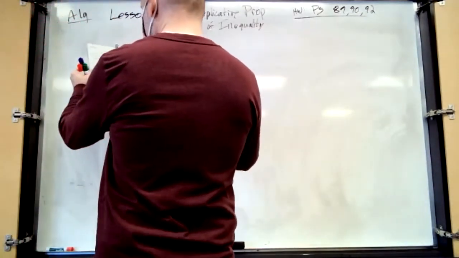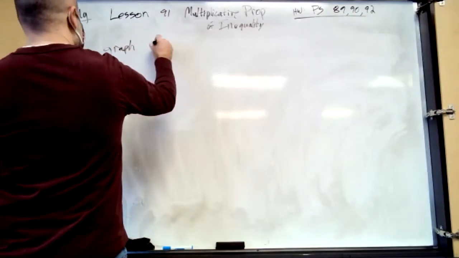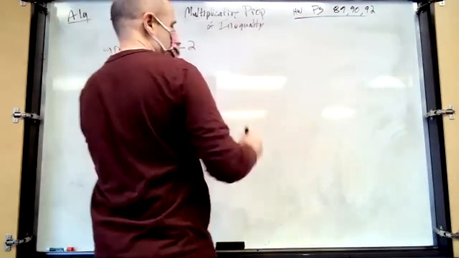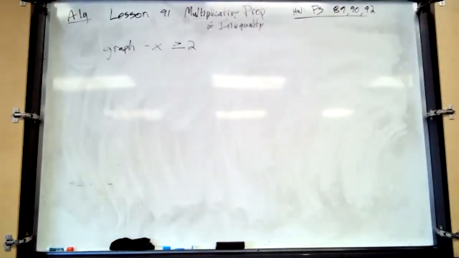Okay, so let's graph: negative x is greater than or equal to 2. Now think about this. If x is greater than or equal to 2, that means x could be like 3, 4, 5, 6, all that, right? But negative x is greater than or equal to 2. So the opposite of x is greater than or equal to 2.